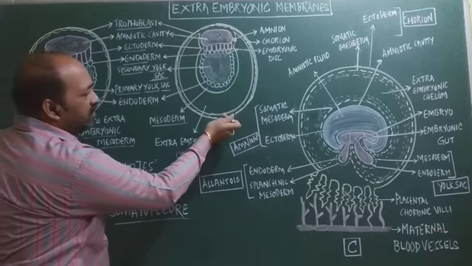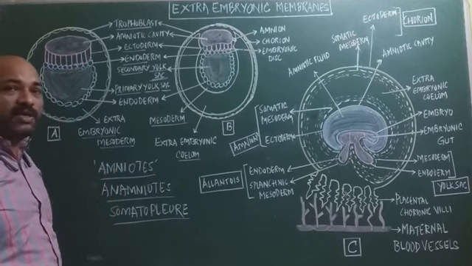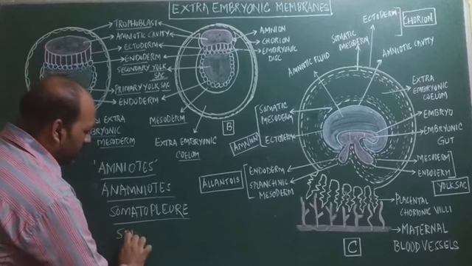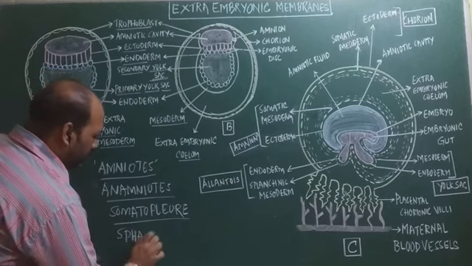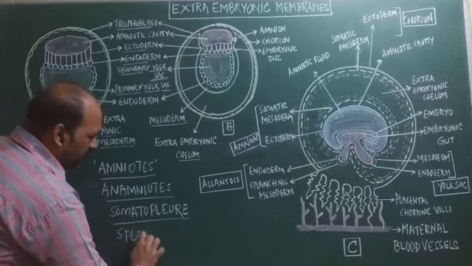And towards here you can see the mesoderm which is connected with the endoderm. That is called splanchnopleure.